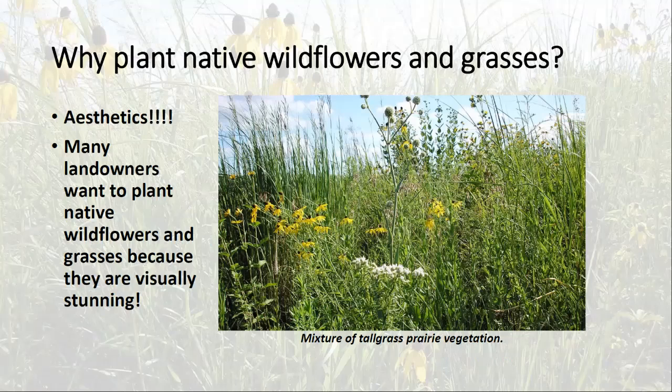So this is a really cool success story, in my opinion, where it really became a diverse tallgrass prairie ecosystem. And it's visually stunning. So that is a very common objective in terms of implementing plantings like this.